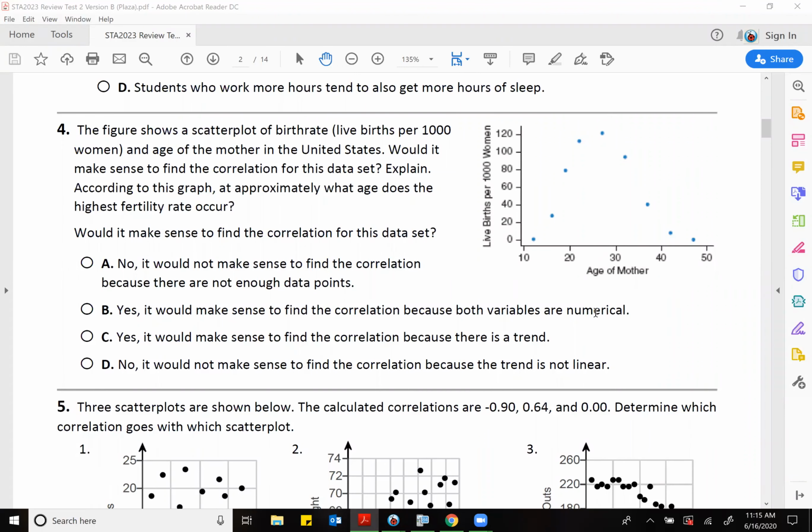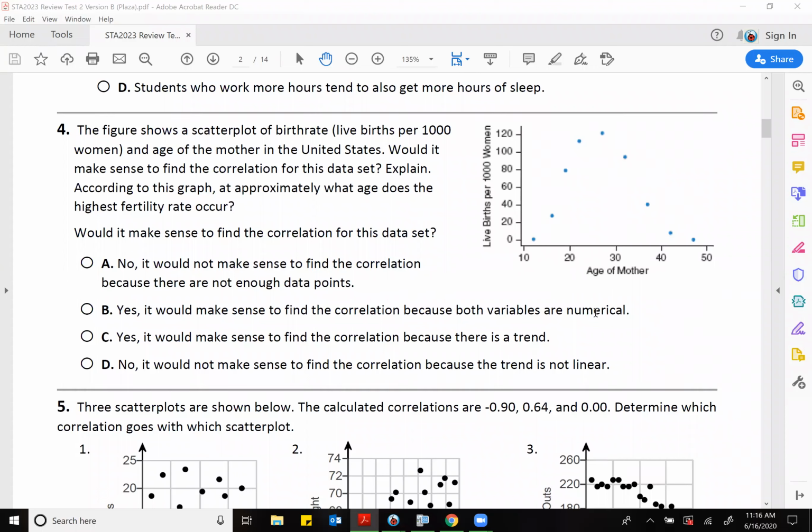So if it's not linear, then there's never going to be a correlation? I'm not saying that. It's just that we don't really care about it. It's a little bit above our pay grade at this moment in time. Does that make sense? Yes, sir.